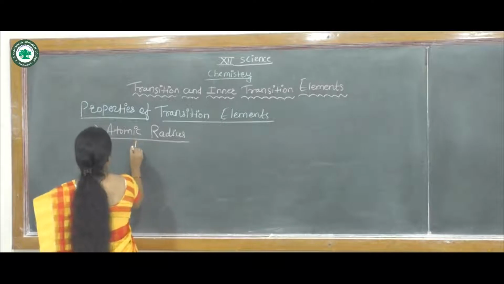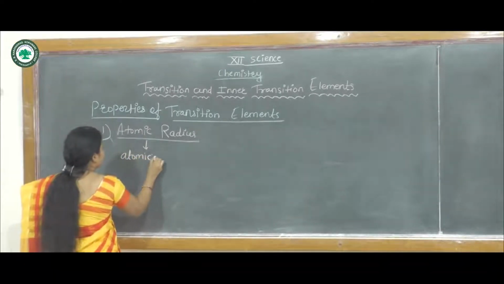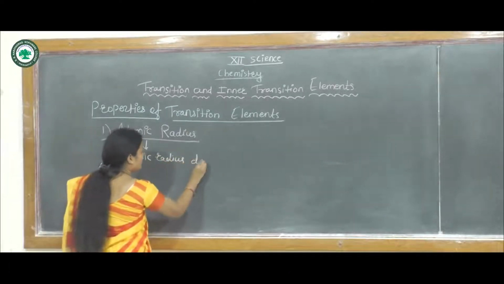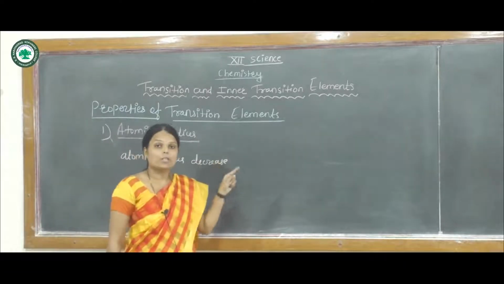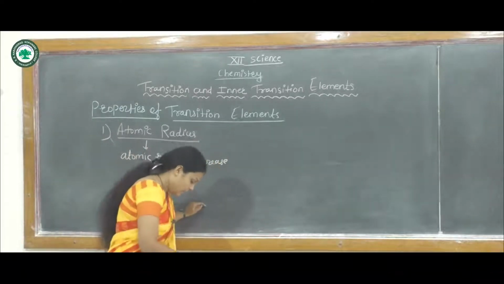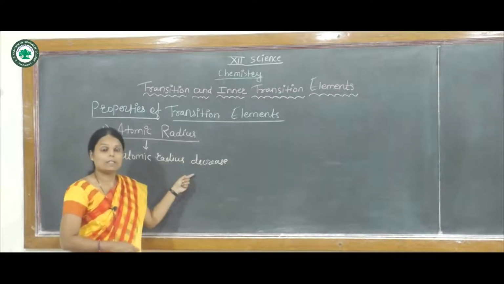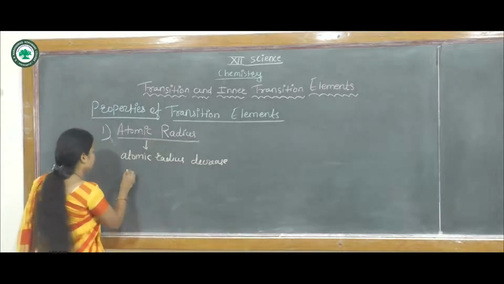Here, atomic radius firstly decreases and nuclear charge increases. After the atomic radius decreases, then the atomic radius is constant.